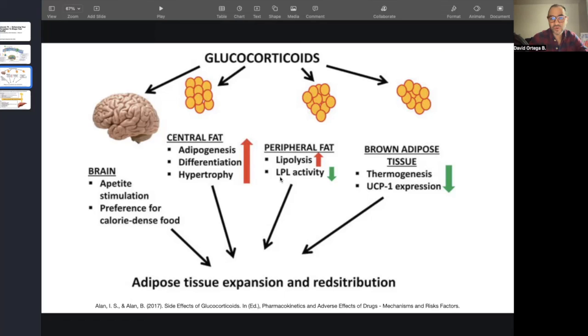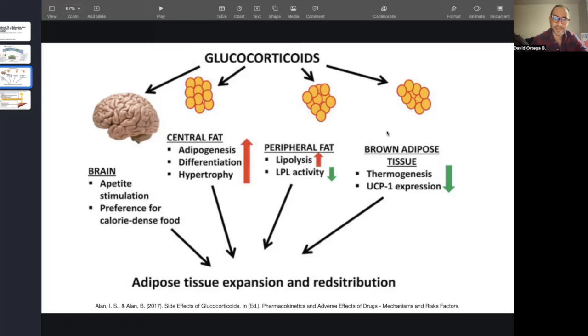They are going to decrease the activity of the LPL, which is a very important enzyme that is going to signal the metabolism to produce energy from lipid consumption. And they are going to decrease the brown adipose tissue.